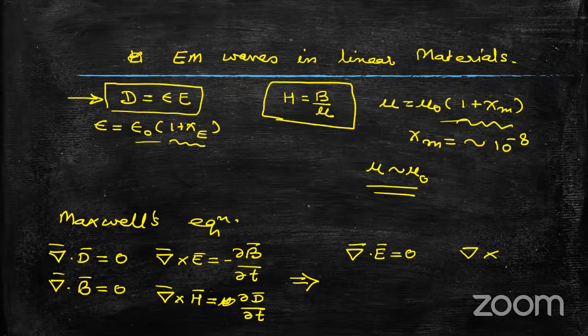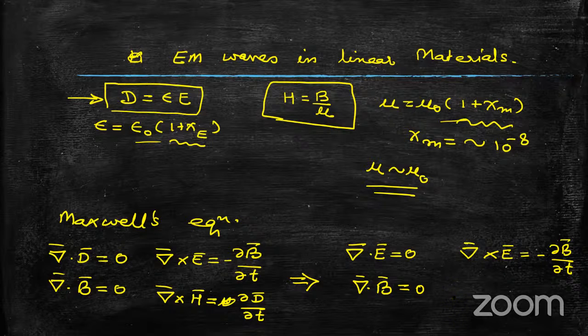This is anyway going to remain as it is. The third one again remains as it is. What about the fourth one? Del cross H is B by mu. Mu will go on the right hand side. D will also give out epsilon, and it will become E.